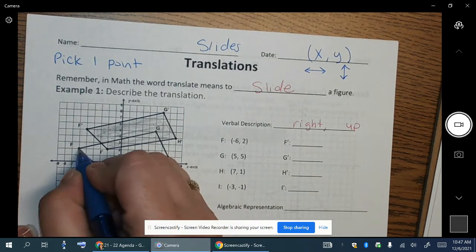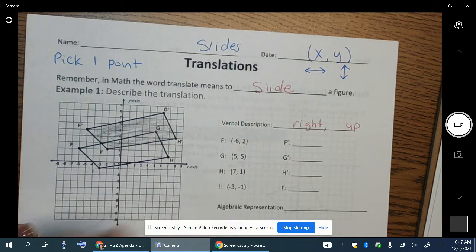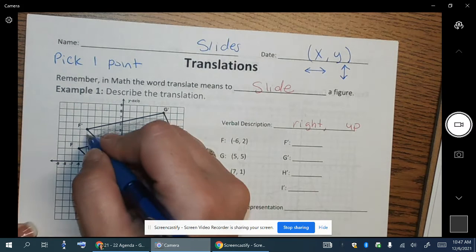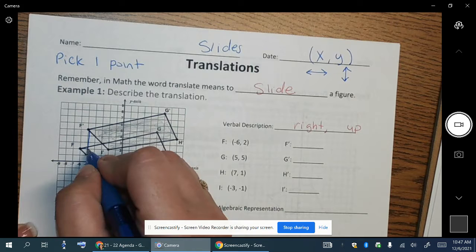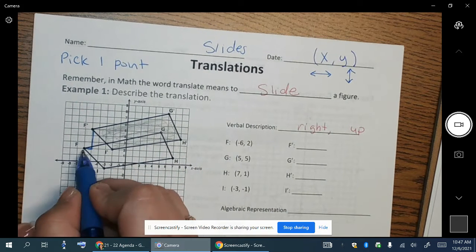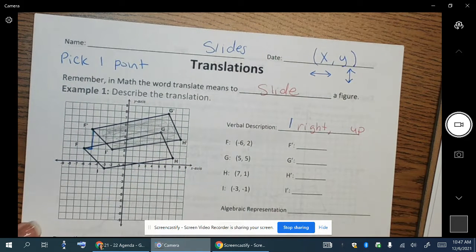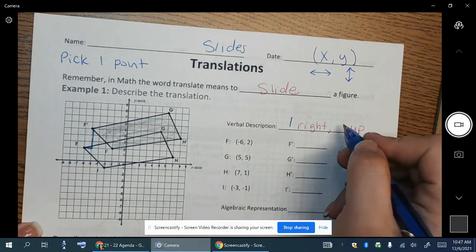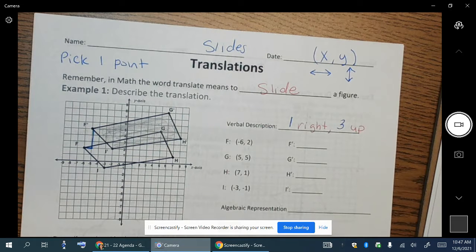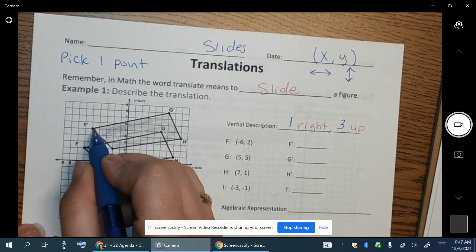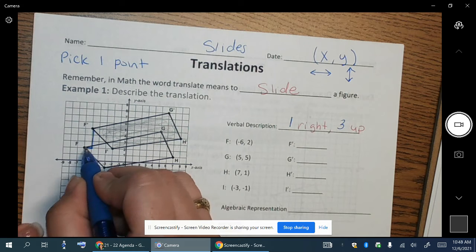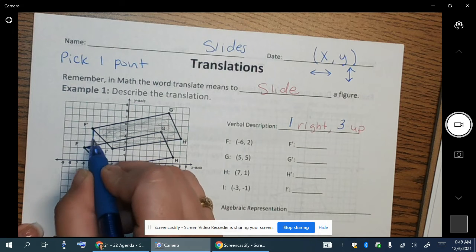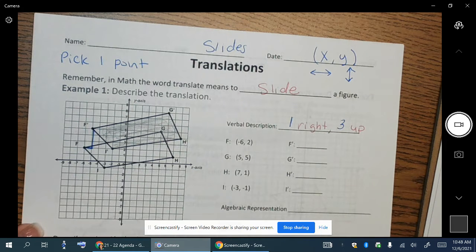So here's F. This is the new. This is the original. How many to the right did we go? One to the right. And then how many up did we go? Three. So if it helps you, draw that line. Okay, we're going one to the right and three up.